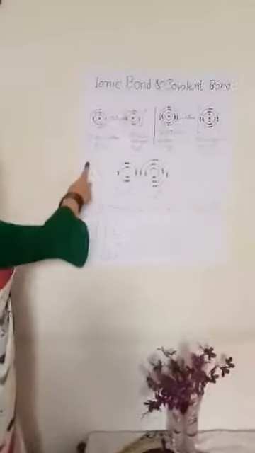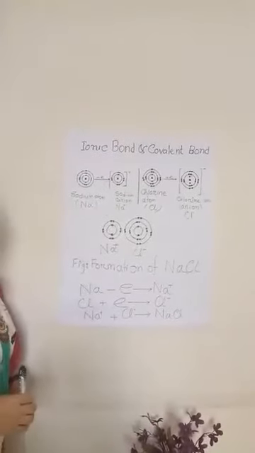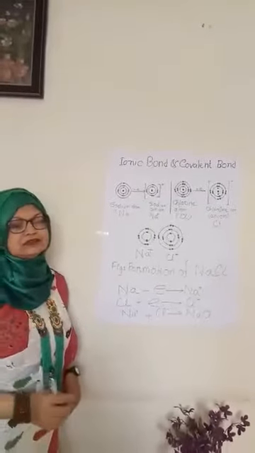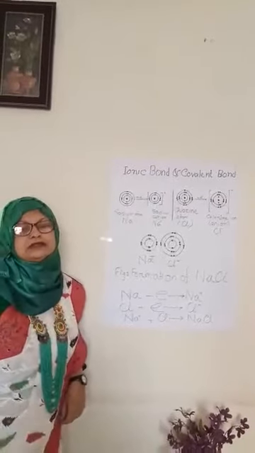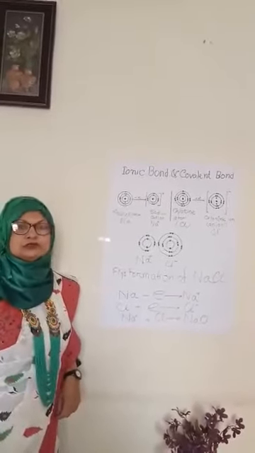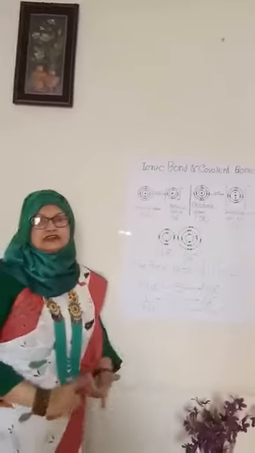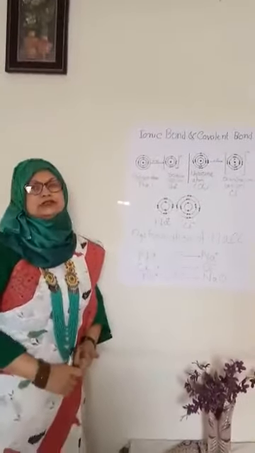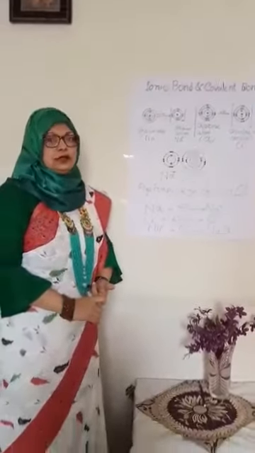For example, sodium atom. You know, sodium atom has 11 electrons. That means its atomic number is 11. So, according to the rules of electron distribution, the first shell contains 2 electrons and second shell contains 8 electrons.